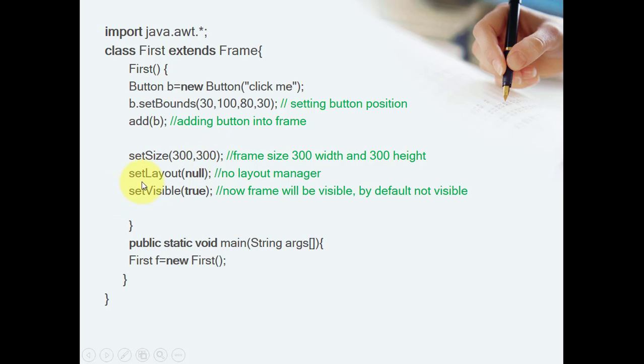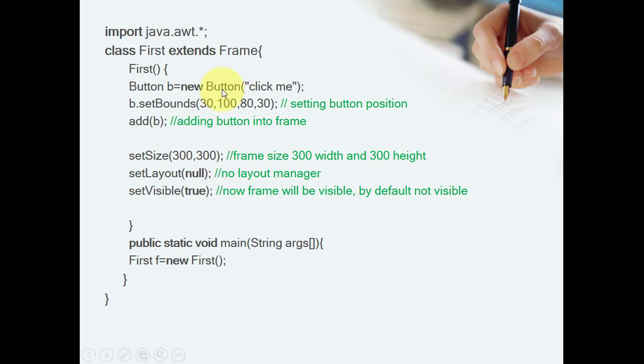Then the layout structure: here we are using exact positions with setBounds, so absolute layout is used and there is no need to set any other layout, and that's why setLayout is equal to null. And you have to call setVisible true. By default the visibility of the frame is false, and that's why you have to set visible true. So these 3 methods will help you create the empty frame, set the layout, and display the frame.